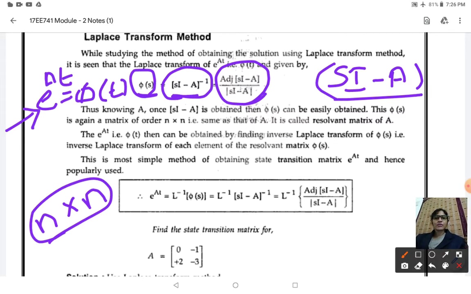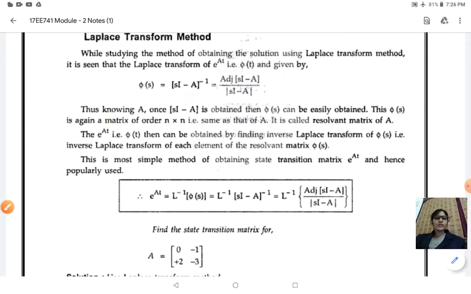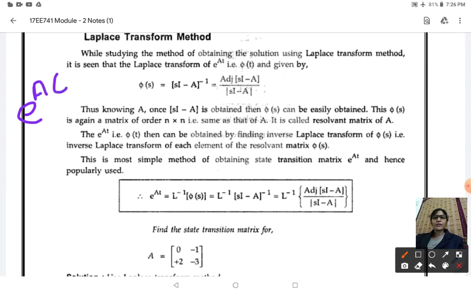Under the Laplace transformation method, we need to consider the characteristic polynomial equation sI minus A, because the roots of this characteristic equation define the complete stability of the system. Also we know that the state transition matrix is represented by e to the power of at, which we can write as phi of t. Now let us consider phi of t in the s domain as phi of s equal to sI minus A inverse.